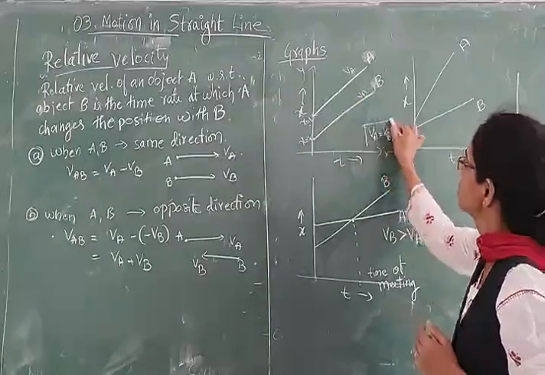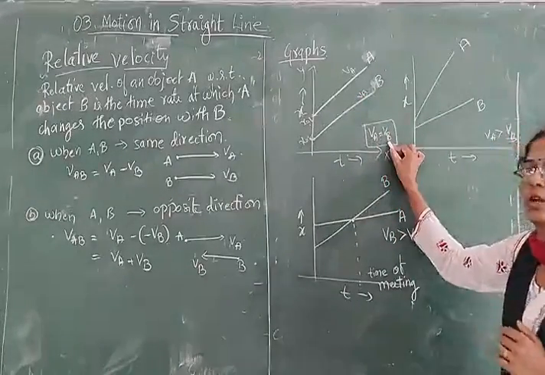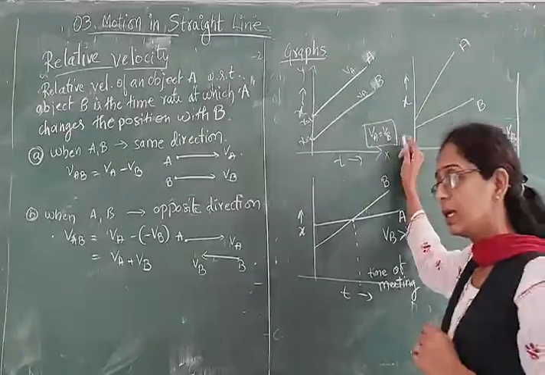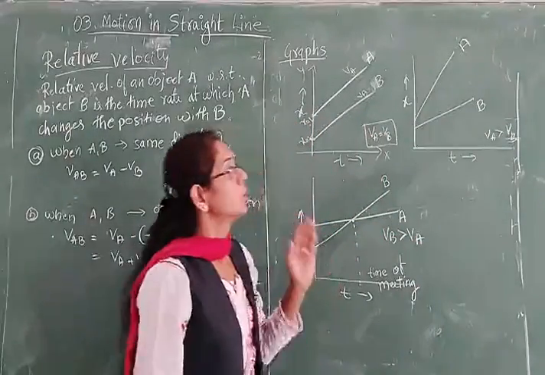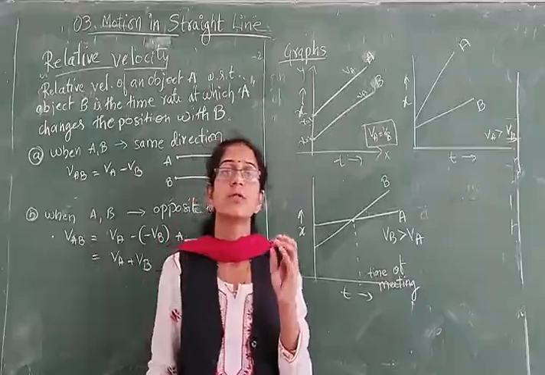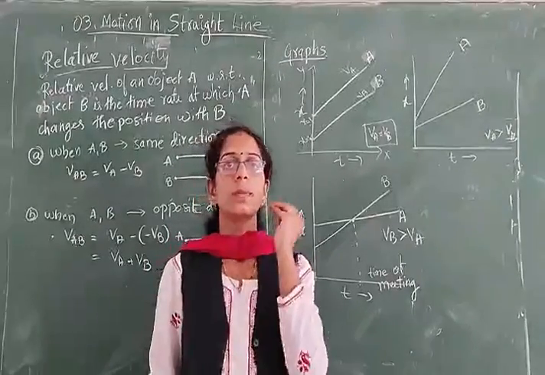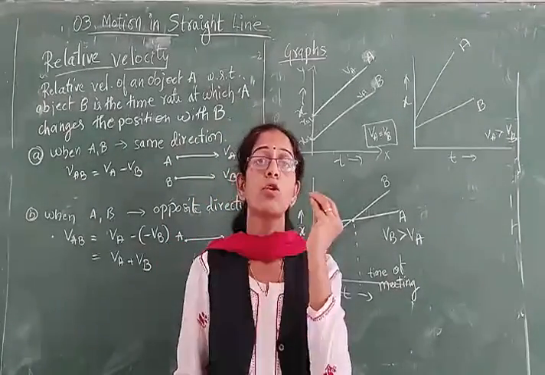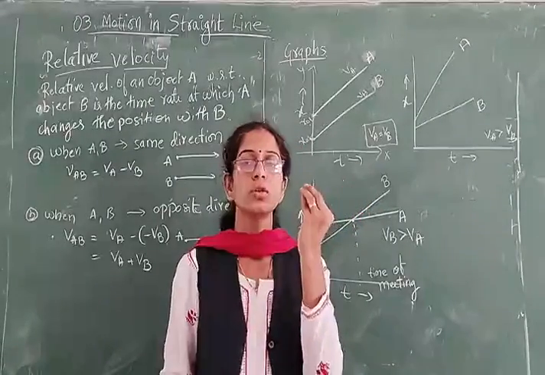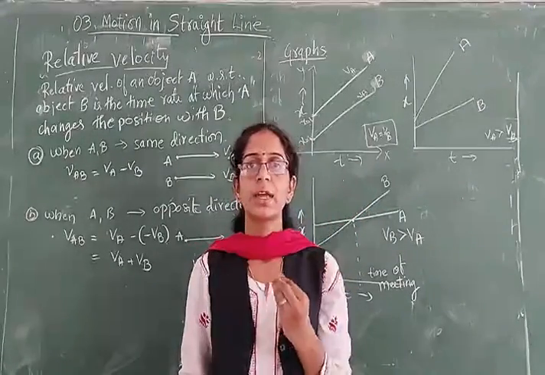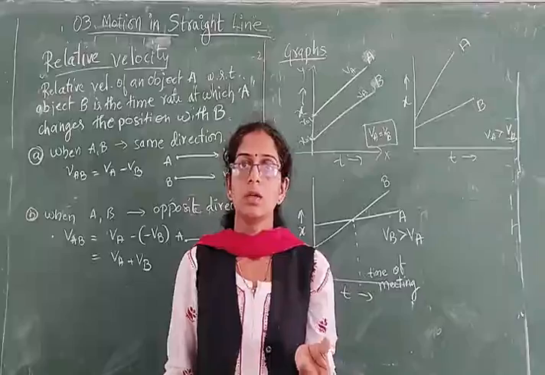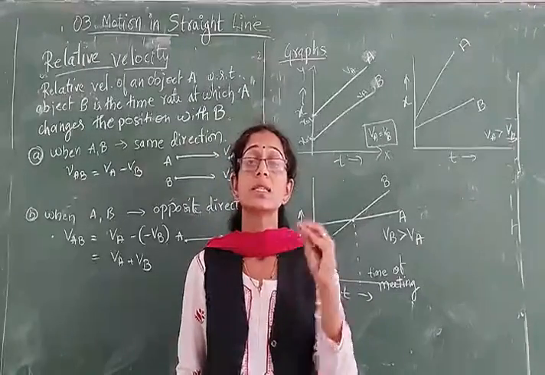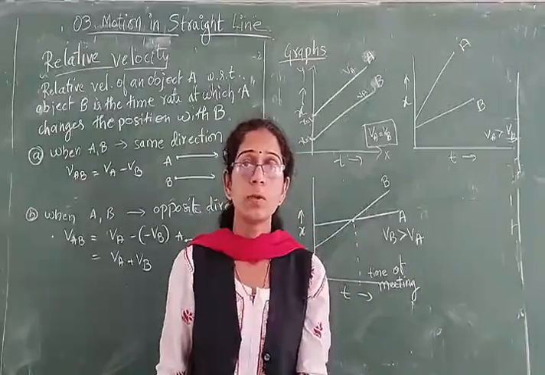And here what is the condition? VA is equal to VB. Let us take the second condition. Of the two objects, one attains higher speed; say object A moves faster. So the ratio of displacement to time will be more for it, so the distance covered, or displacement, should be more.